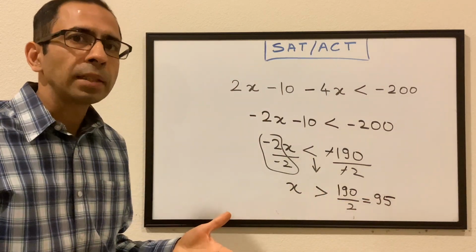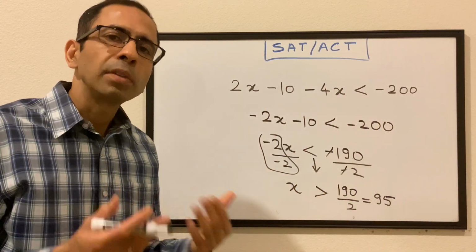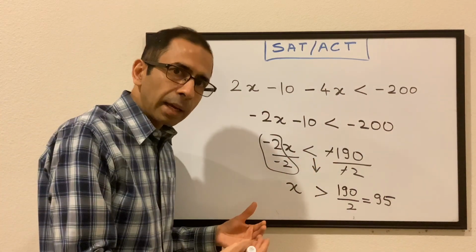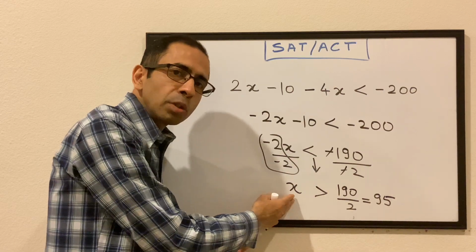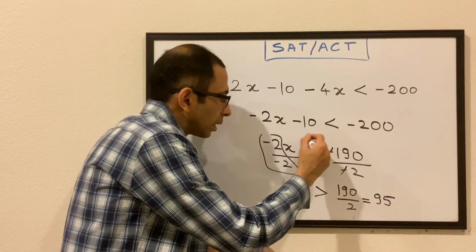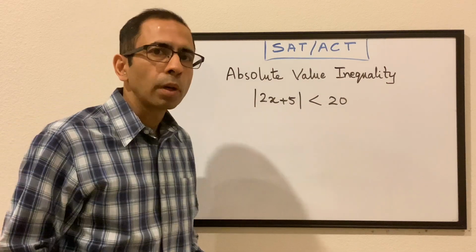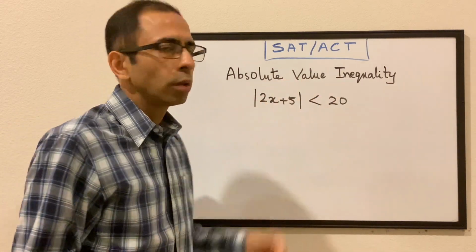Just to summarize, in case of a linear inequality, all we do is the same thing as we would do in an equation, but in the end, if we have to divide by a negative number, then the sign of the inequality flips. As simple as that. Okay, let's move to another type of inequality, which is absolute value inequality.